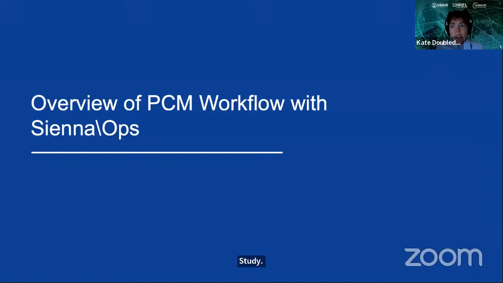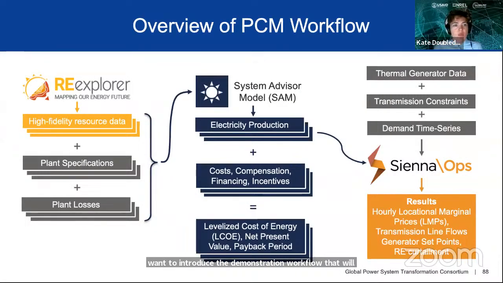Now we want to introduce the demonstration workflow that we'll be going through today. So this involves 3 open source tools: the RE Data Explorer, the System Advisor Model, SAM, and our production cost modeling tool, Sienna Ops. This workflow is a little more similar to how a plant developer might use a production cost model.